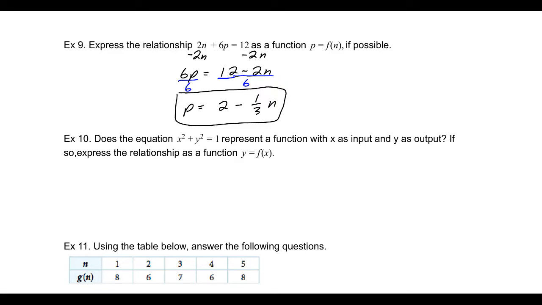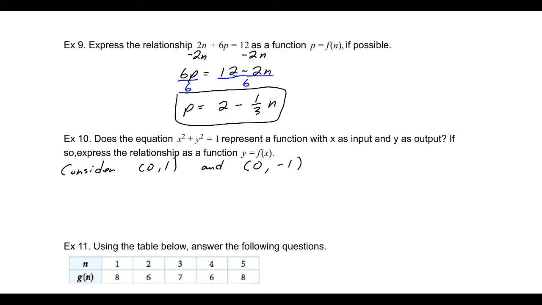If we were to solve this for y as our output, we end up with a square root. We'd actually have a plus or minus a square root, which would cause us to not have a function. We would have two different outputs for one given input. To demonstrate that, consider the point (0, 1) and the point (0, -1).